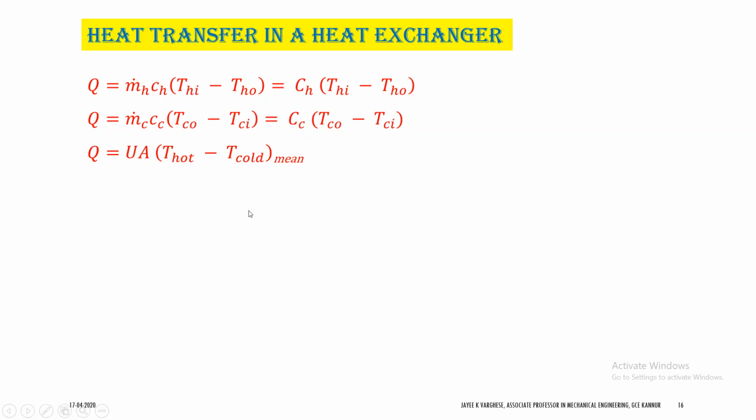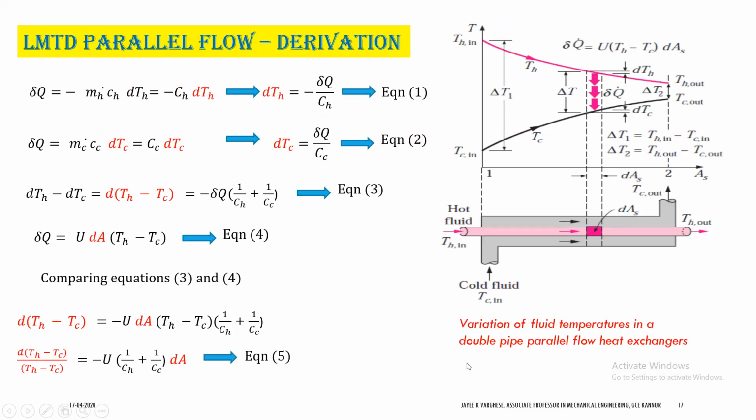Let's see how we can derive this. So now we'll go to derivation of the mean of temperature difference between hot and cold for a parallel flow heat exchanger. So we know that for a parallel flow heat exchanger, hot and cold fluids flow in the same direction.